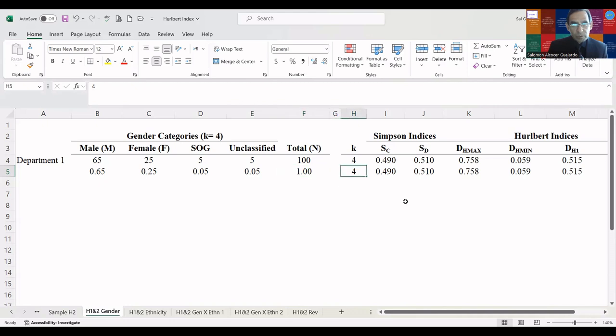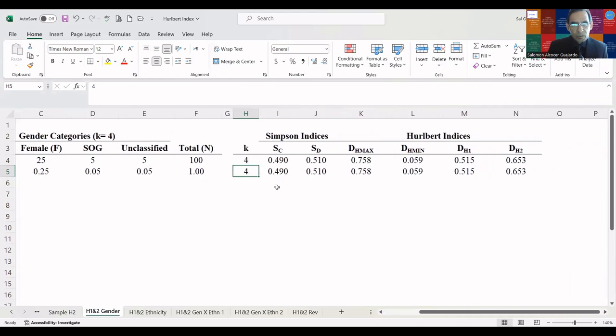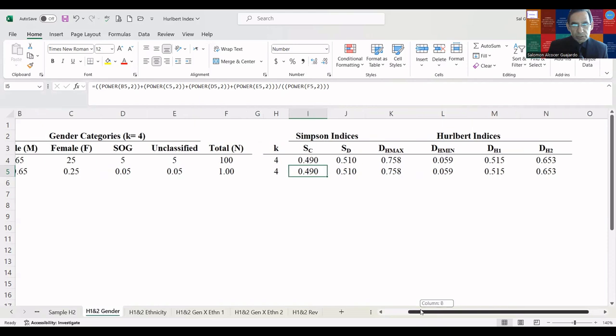There are 4 gender categories, so K is 4. Recall that I can calculate the Simpson concentration or similarity score using the frequencies or using the percentages. And again, to calculate using the percentages, I'm going to square each percentage.